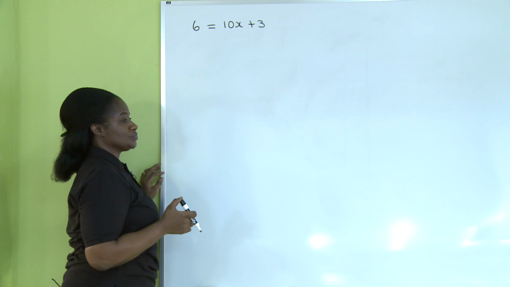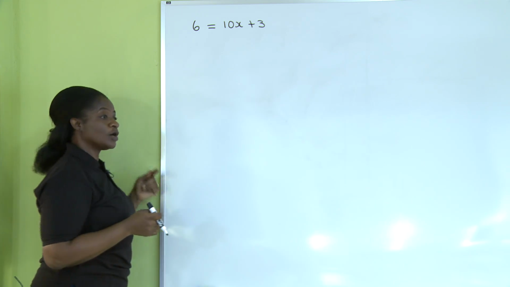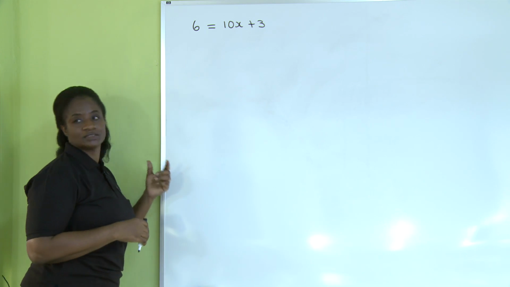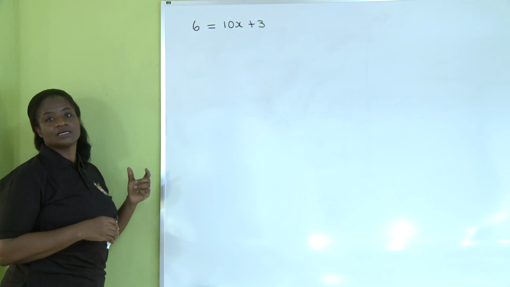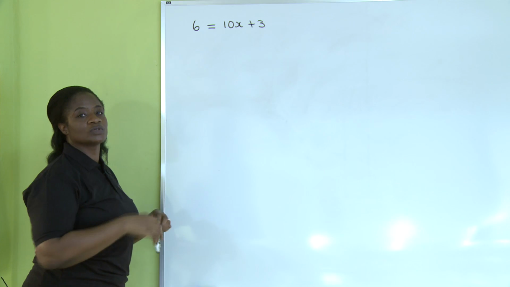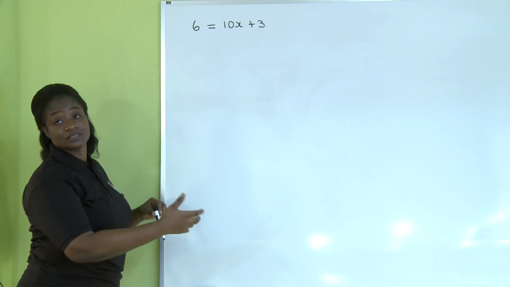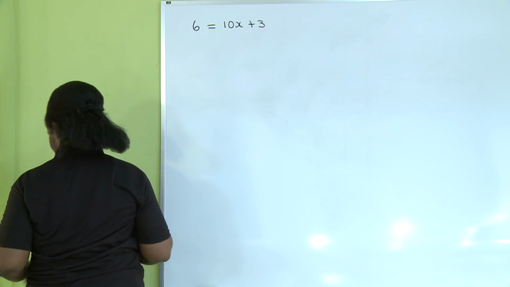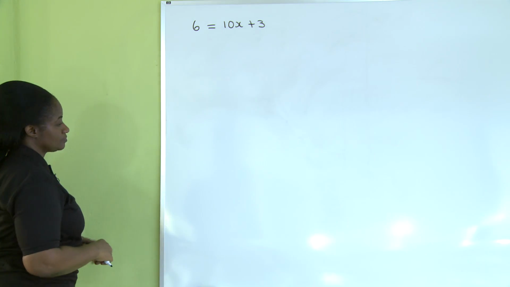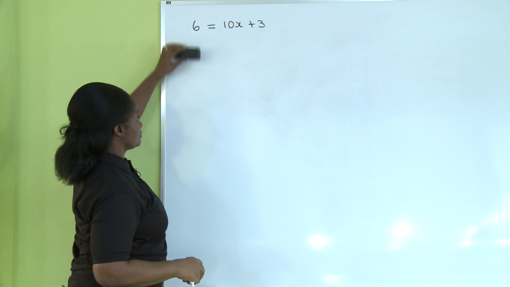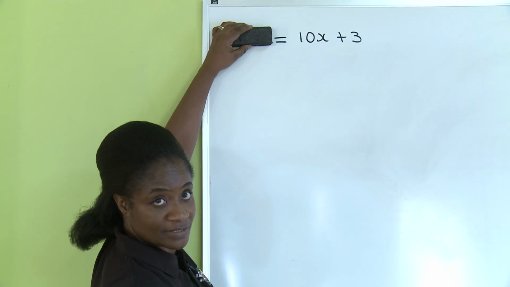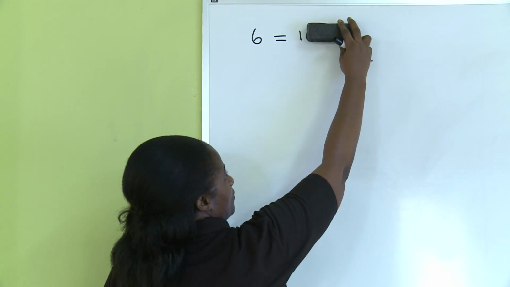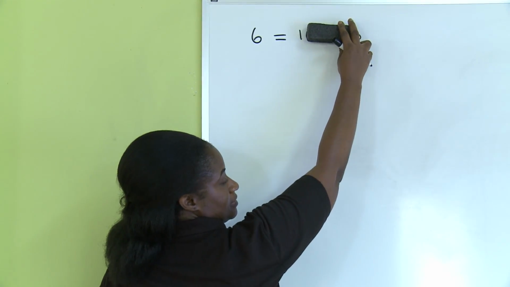I would like you to use an object or your finger to cover the contents of the left-hand side, as well as to cover in turn the contents of the right-hand side. Let me demonstrate that for you. Left-hand side, right-hand side.